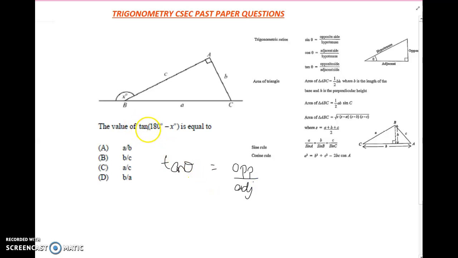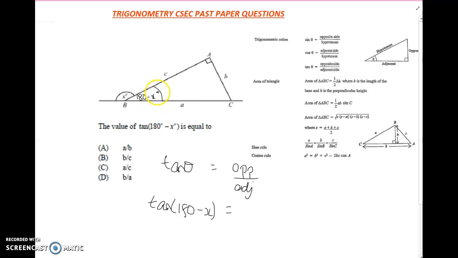Our given angle here is 180 minus x, but we need to find out what that is. Where is 180 minus x? If you see here in the diagram, on the outside here, this is x degrees. You need to remember angles on a straight line add up to 180 degrees. So if this is x degrees and you want to find this angle here, this would be 180 minus x.